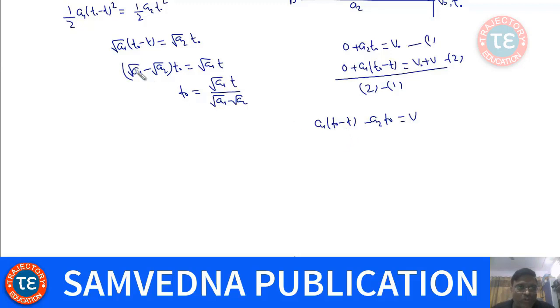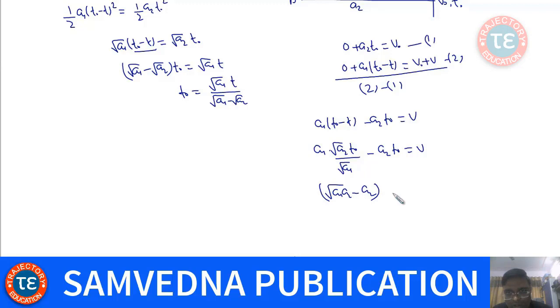See, t naught minus t is also given to you. This is a1, and t naught minus t you can put it from here. And a2 t naught, and you have the t naught value. This is root a1 a2.